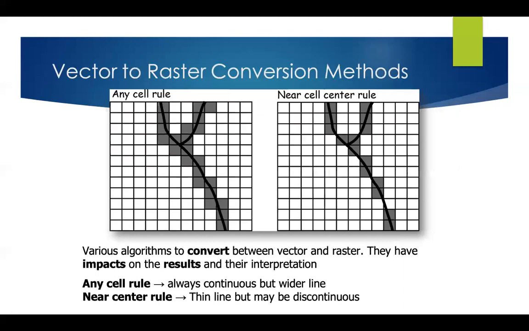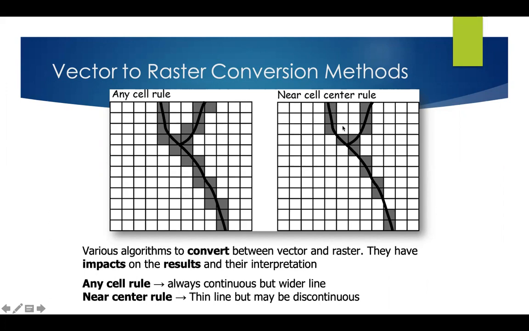When converting from vector to raster, we can use different algorithms. In these two examples, we have the any cell rule here, where any cell that our line feature touched becomes that line feature in the raster. Or we have a near center rule where a cell only takes on that value or category when that feature goes through the center of the cell.